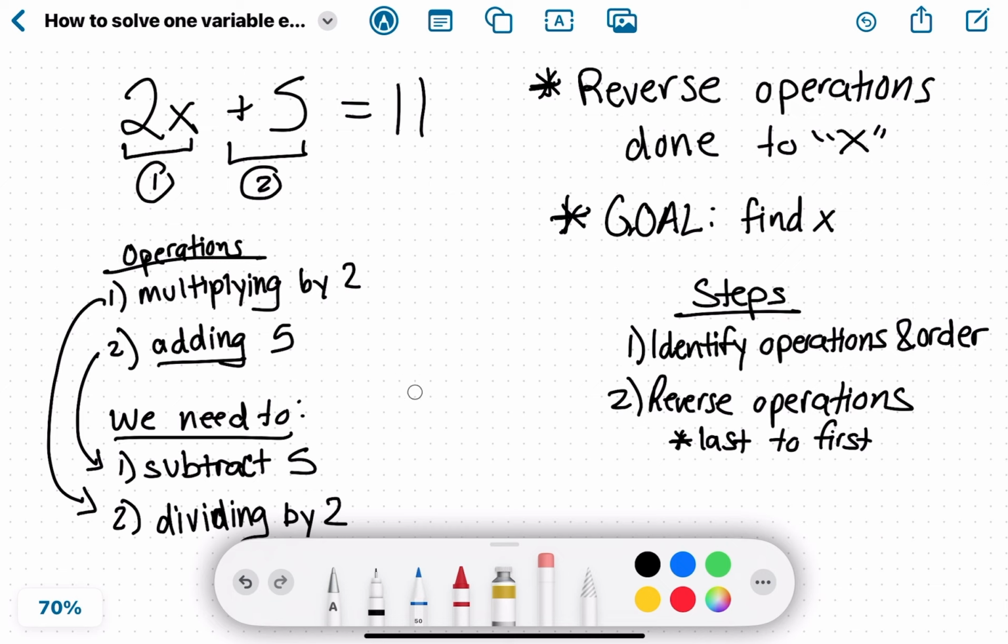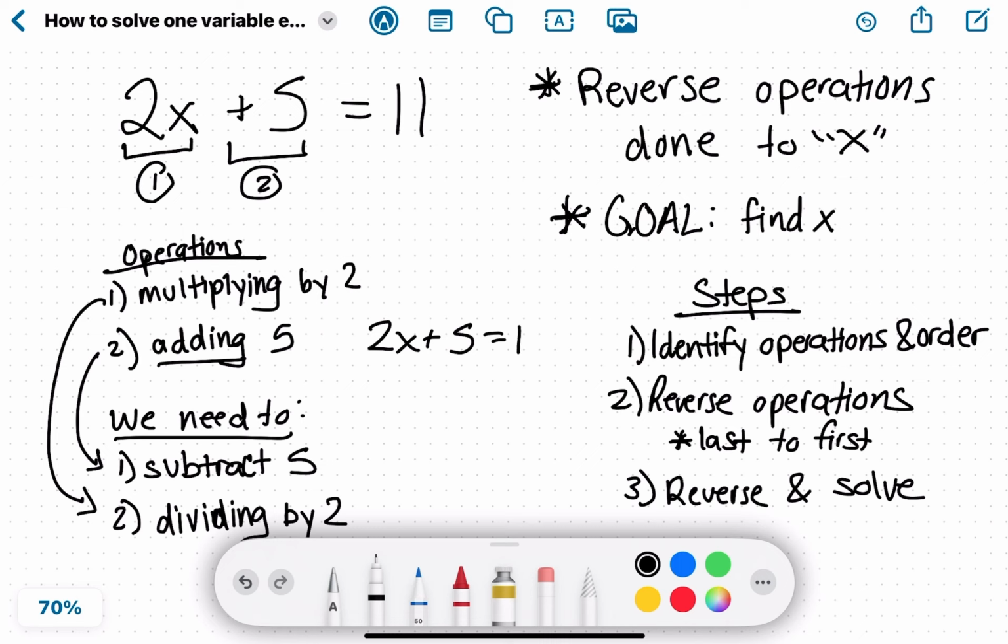And now, let's put it all together for our third step and solve. Reverse and solve. So 2x plus 5 equals 11.